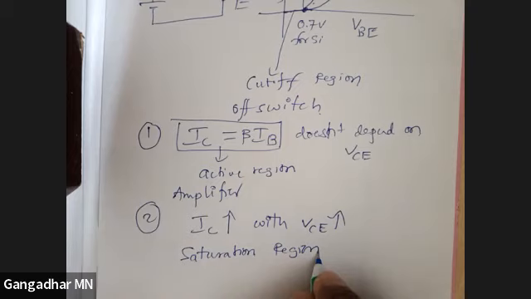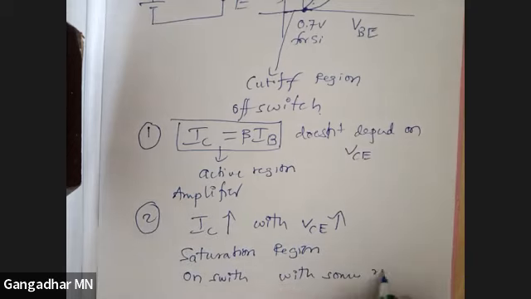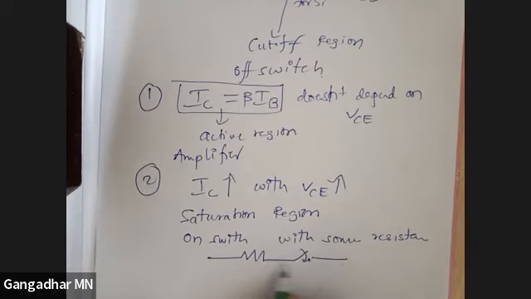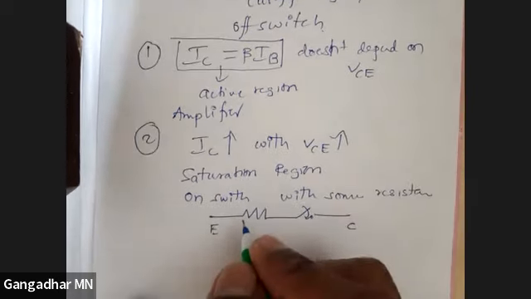Saturation region, where the transistor acts as on switch with some resistance. It's as if you have a resistance and in series with there is a switch which is on, like this. What is this? This is from, let's say, collector to emitter. This is how it functions.